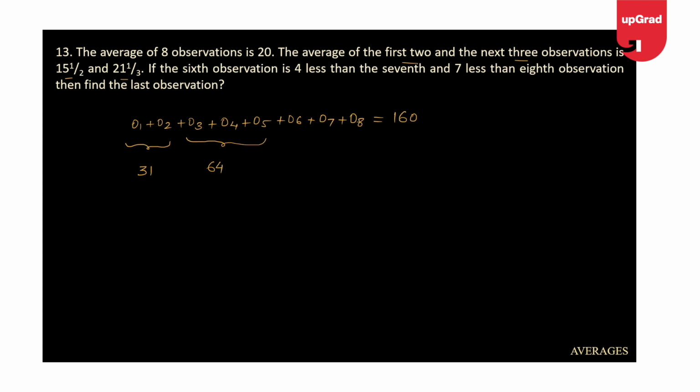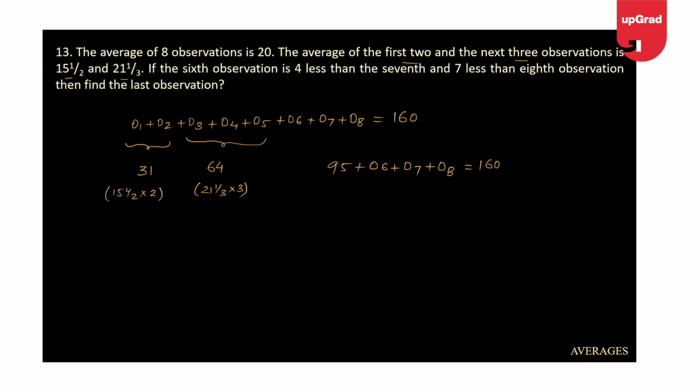What I'm doing is multiplying 15 and a half with 2 because there are 2 observations, and over here 21 1 by 3 multiplied by 3 because there are 3 observations. So my equation here becomes 95 plus O6, O7, and O8 is equal to 160.